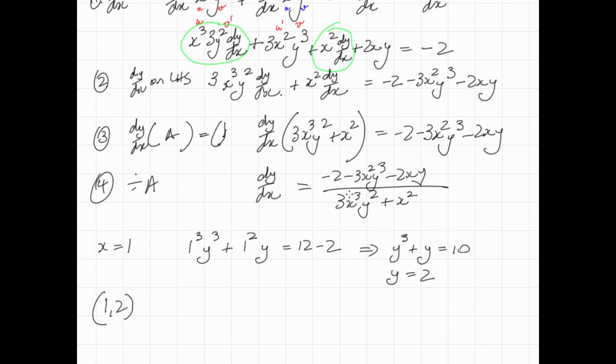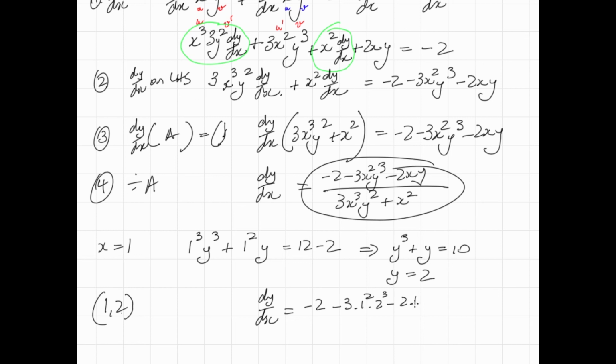So we can substitute that into dy/dx, and we get dy/dx is equal to negative 2 minus 3 times 1 squared times 2 cubed, minus 2 times 1 times 2, all over 3 times 1 cubed times 2 squared, plus 1 squared.